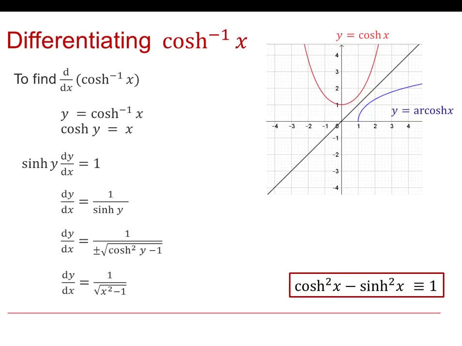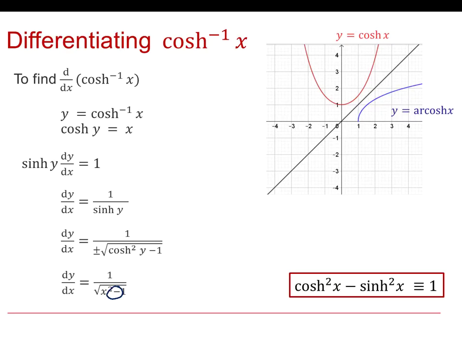Here we have differentiated cosh to the minus 1 of x using exactly the same method. However, note that the sign in the answer is different. It is negative, whereas dy by dx of sinh to the minus 1 x was 1 over the square root of x squared plus 1.